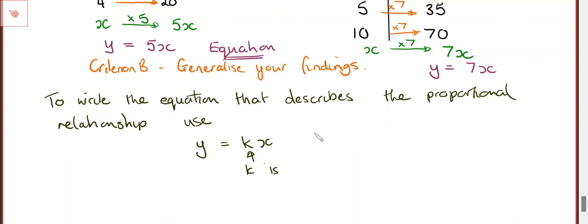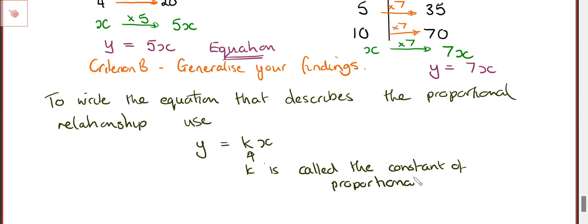I'm going to give you a bit of vocabulary now. K is called the constant of proportionality. It's called the constant of proportionality because it never changes. It's always a 5.